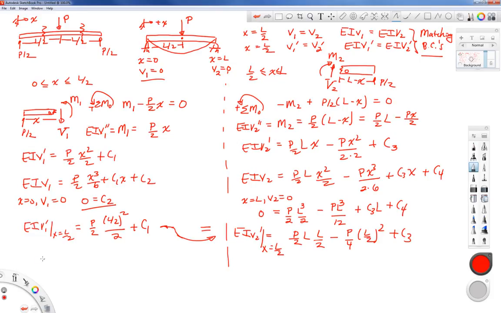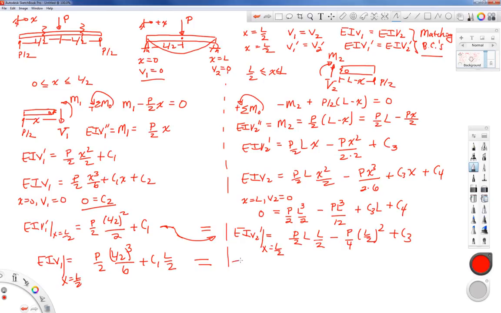And then I'm going to do the same thing with the deflection equation. EIV1 evaluated at x equal to L over 2. So now I'll have P over 2, L over 2 cubed over 6 plus C1 times L over 2 plus C2, but we already know that's equal to 0.